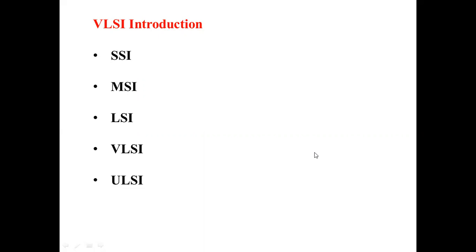So these logic families were integrated on a chip with SSI, MSI, LSI, VLSI, and ULSI chips. SSI, small scale integration, includes 100 electronic components per chip, meaning one IC chip contains 100 electronic components.